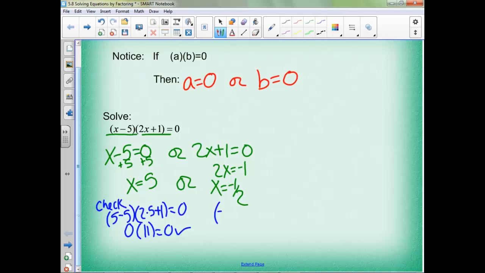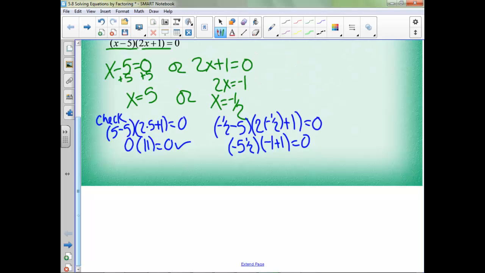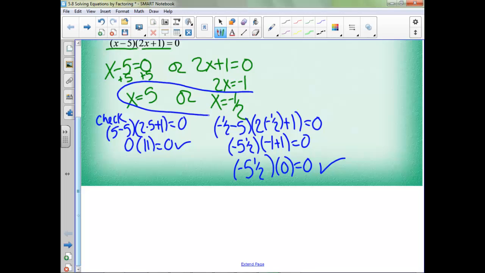Checking this one. Both of them work. So here's our answer.